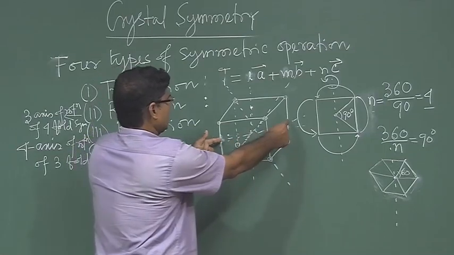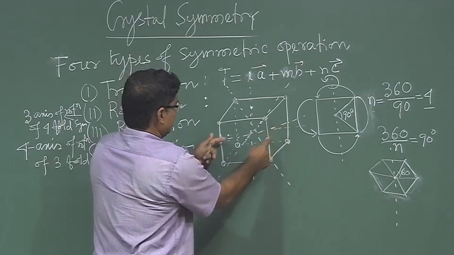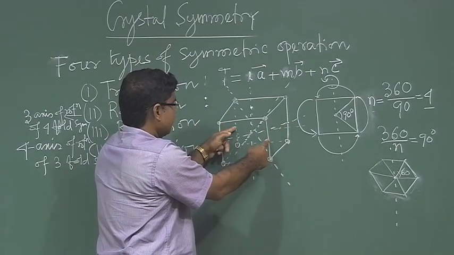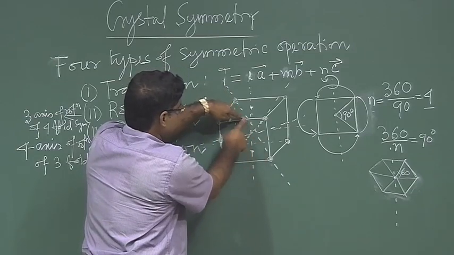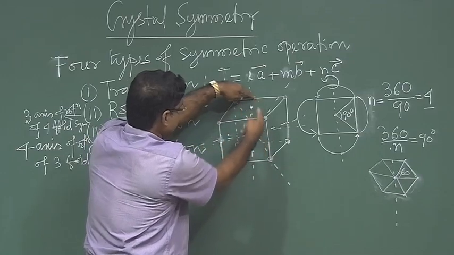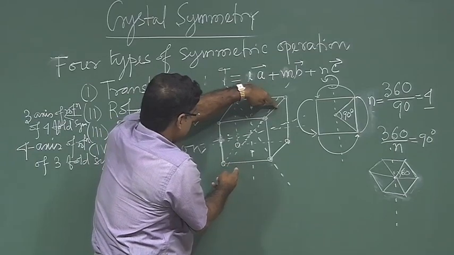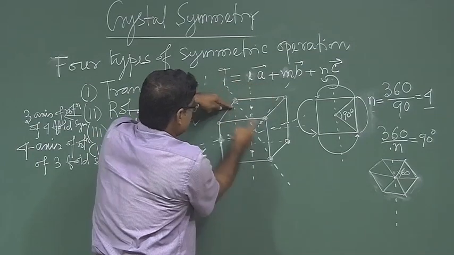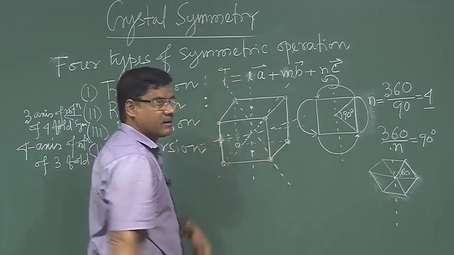So, through these two edges, 1, through this 2 edge, 1. And through these 2 edges, this and opposite this one, 3; this and opposite this one, 4; this and opposite this one, I think this one, 5; and this and opposite this one, so that will be 6.